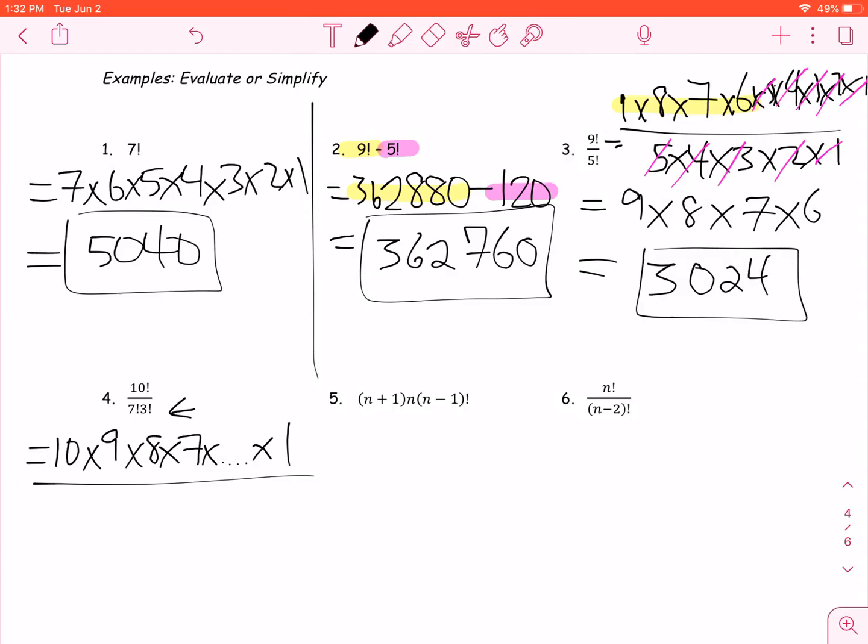Okay, and then in the denominator we have 7 times 6 times 5 times 4 times 3 times 2 times 1. That's represented by 7 factorial. Okay, and then let's write out in brackets 3 factorial. So 3 times 2 times 1.